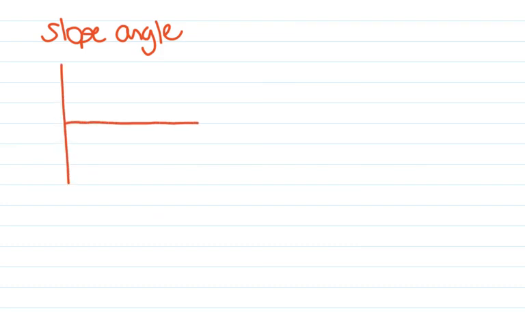And then the last point in the box: the slope of a line is the tangent of the slope angle that the line makes with the x-axis. Okay, so what does that mean? If I have an axis here, this is the x-axis, and then I have a line like this, the slope of the line is the tangent of the slope angle.